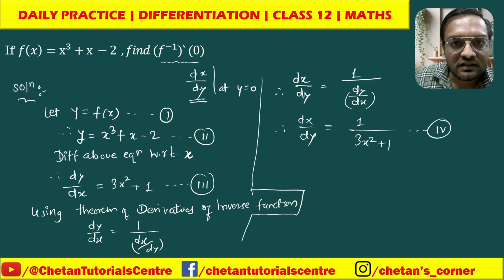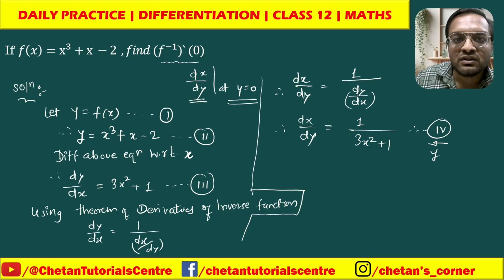Now you can see that we have been asked to calculate the value of dx by dy at y is equal to 0. But you can see that in this equation number 4, there is no y term. So what we can do? We can substitute the value of y is equal to 0 in equation number 2. That is the given function. And then we can find the corresponding value of x for y is equal to 0.